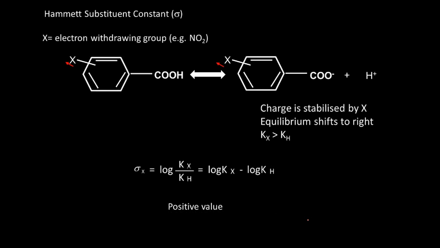So for sigma X, we have the electron withdrawing group, for example NO2. The charge is stabilized by X. The equilibrium shifts to the right. That is, Kx is greater than Kh, where Kh is unsubstituted and Kx is substituted. So for an electron withdrawing group, the equilibrium shifts to the right, Kx is greater than Kh, so sigma is a positive value.